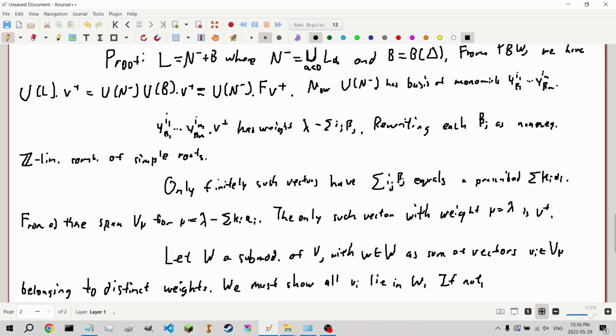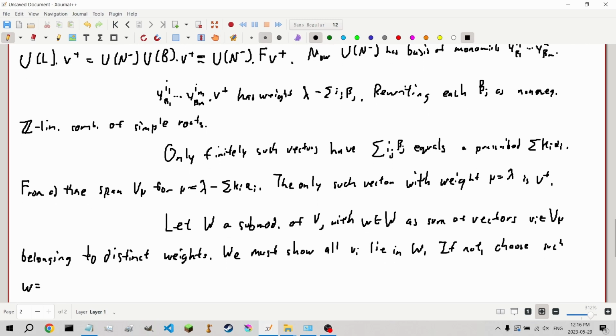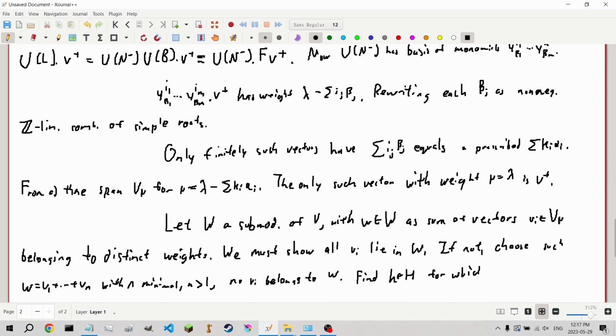If not, we can choose such W as the sum of v_1 through v_n with n minimal and n greater than 1, and we see that no v_i belongs to W. We're going to find an h in H for which mu1 of h is not equal to mu2 of h.